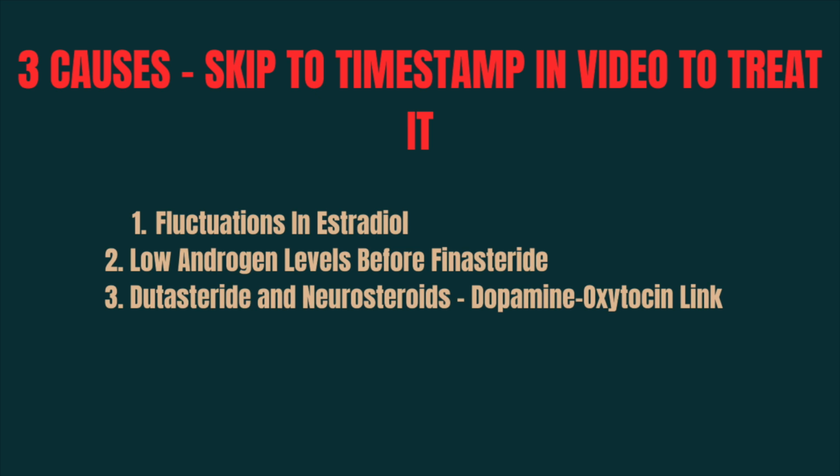This is obviously dependent on if dutasteride readily crosses your blood-brain barrier, and if you're not already experiencing depressive-like symptoms or anxiety symptoms, then it may be the case that you aren't experiencing altered levels of neurosteroids from dutasteride.